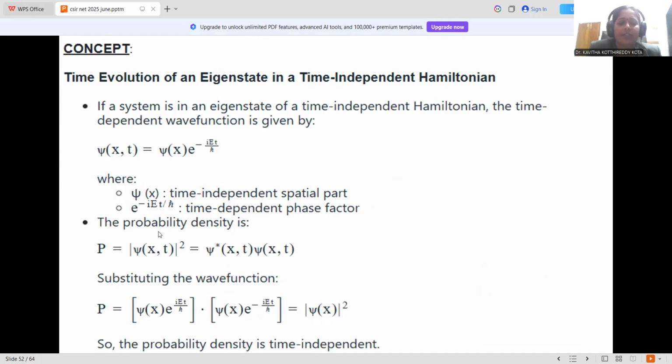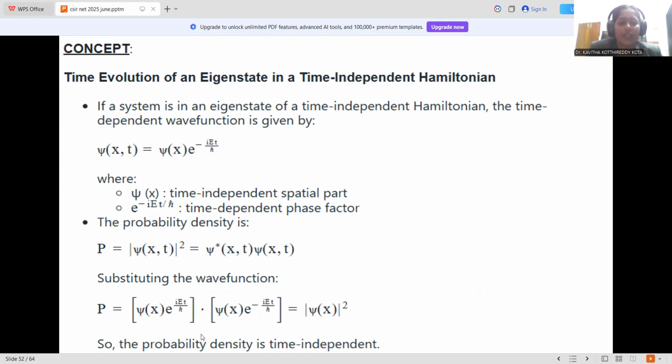Here is the formula for the probability density. Probability density P is equal to psi x,t whole square, which is psi star x,t into psi x,t. Here psi square is nothing but psi star into psi, right? Psi star x,t into psi x,t is the probability density.